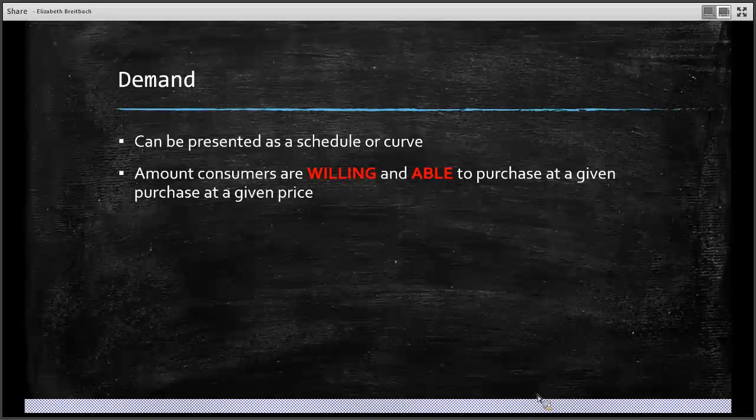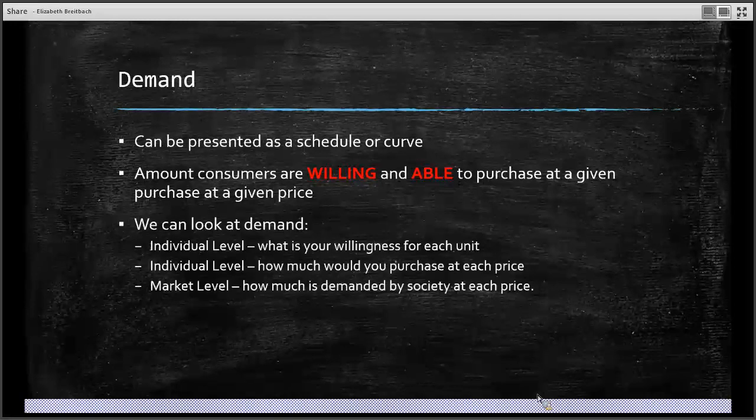And so this is incredibly important that people both have to have the preference to want to purchase the product and also have the ability to purchase the product. So we can't actually demand a good unless we are both willing and able to purchase this product. And we're going to talk a little bit more about that and get into the willingness and ability as we start to go through some examples.